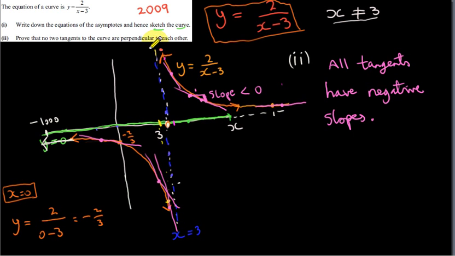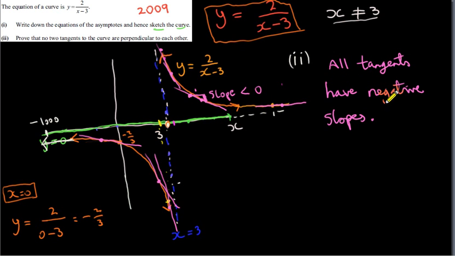Similarly for the tangent here. Actually, as our curve approaches x equals 3, the vertical asymptote, the slope of our tangents is approaching infinity. So the tangents are approaching this vertical line as well. But they all have negative slope on the way to that infinity. They're sloping downwards.